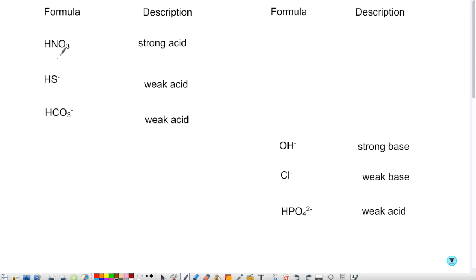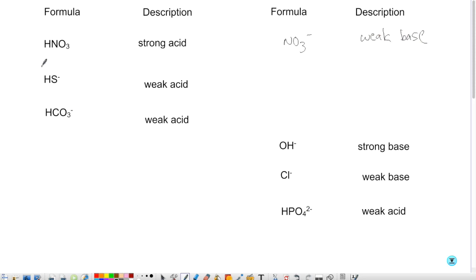So the conjugate of this strong acid is NO3 minus. Now, how did I get that? Well, I'm saying that this is an acid, which means that in a reaction, this nitric acid is going to donate its proton, okay? When it donates its proton, it's going to form NO3 minus. And we would call this a weak base.